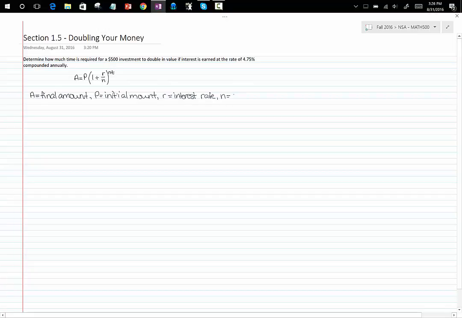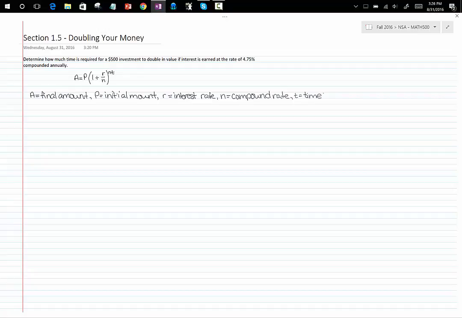N is equal to the compound rate. And t is equal to time. So given this information, we can plug in what we know based on what we're given in the problem and chug through to find the answer.